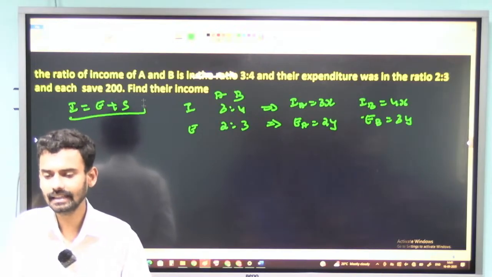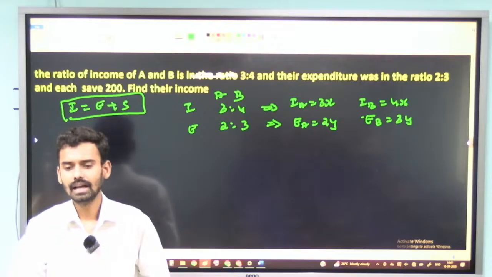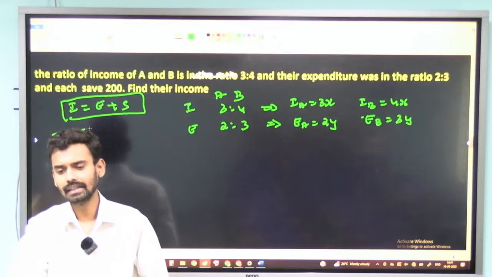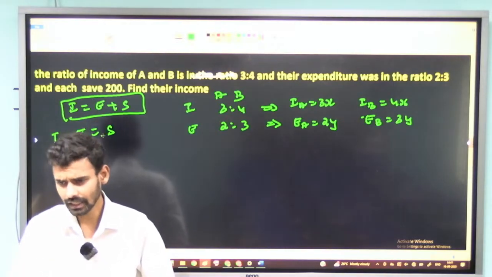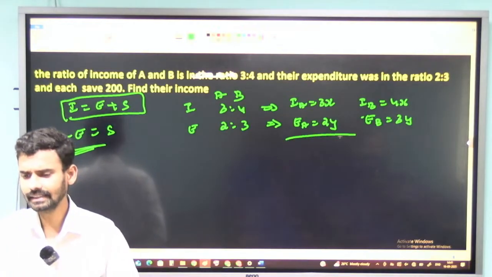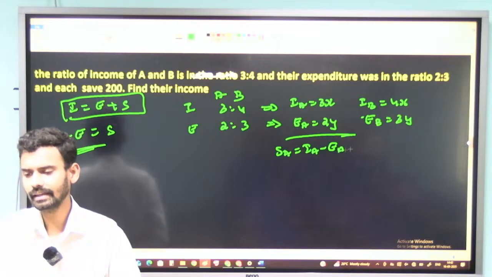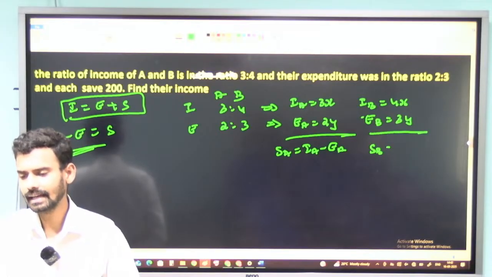Now as we see here, income is equal to expenditure plus saving. I can say income minus expenditure will become saving. Now considering this, I can find the saving of A as income of A minus expenditure of A, and saving of B as income of B minus expenditure of B.